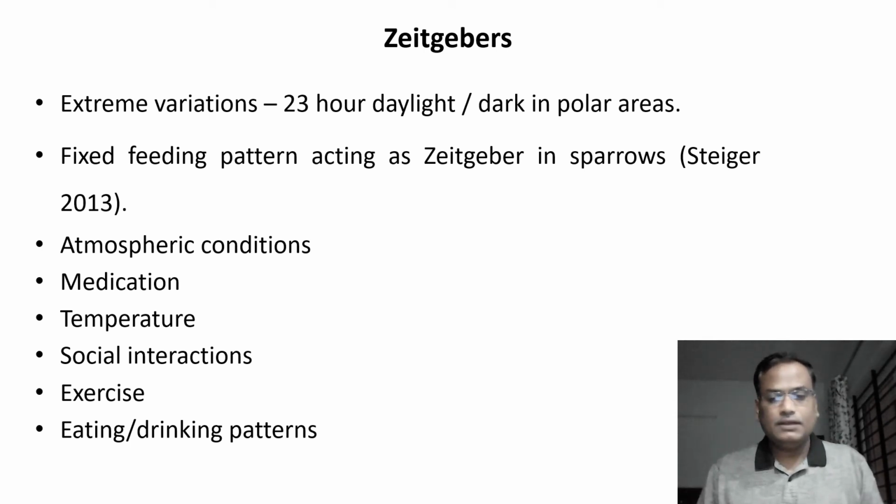Now, once the food providing time was established as a gatekeeper for the sparrows, they changed the environmental cues. They kept the birds in an artificial environment where they went on changing the length of the daytime, the length of the light hours and the length of the darkness. But they maintained the correct feeding pattern which they started earlier.